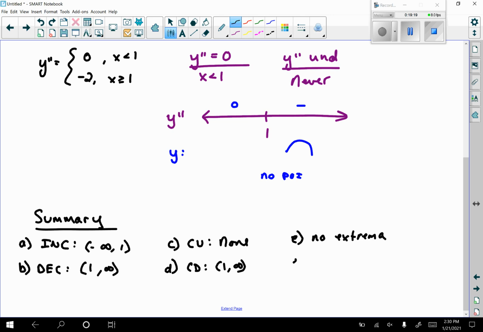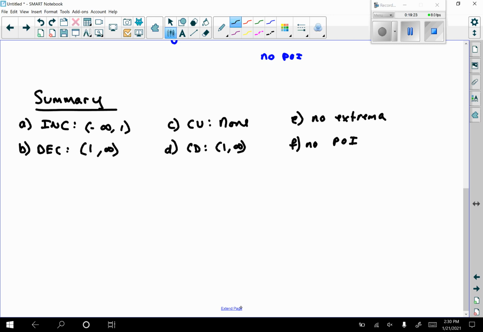Again, f of 1 does not exist, and no points of inflection. But we could still graph this for sure because we know what the piecewise function is giving us here.